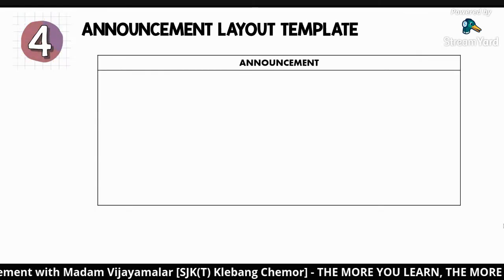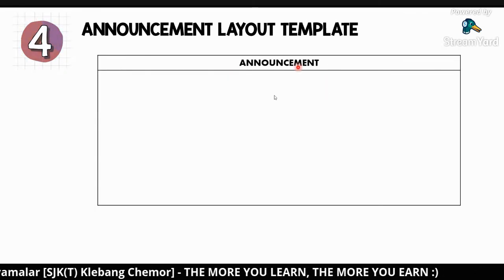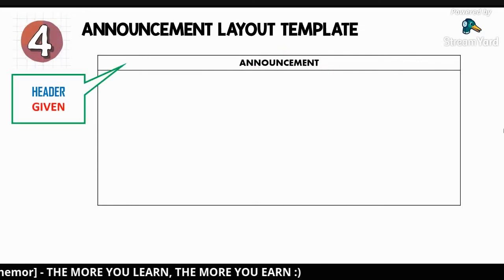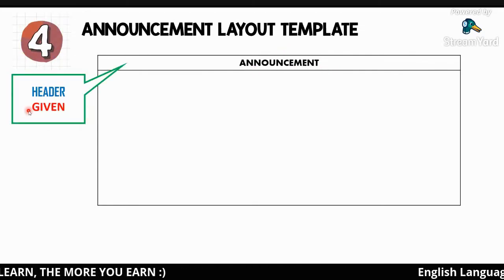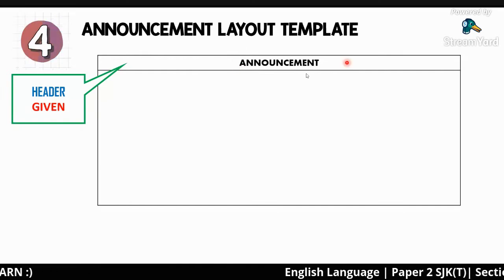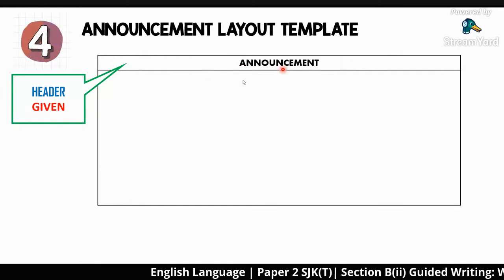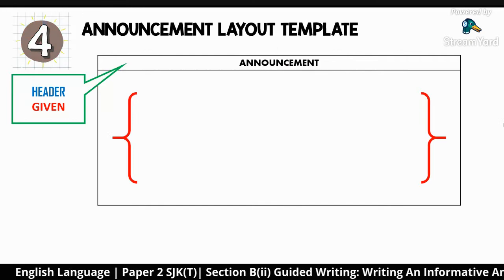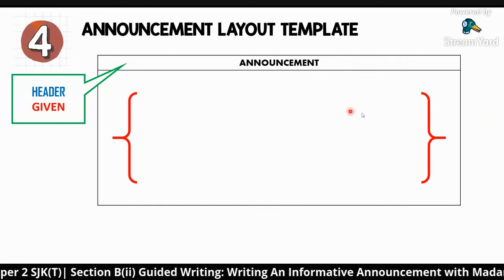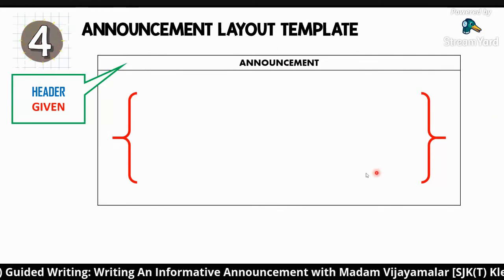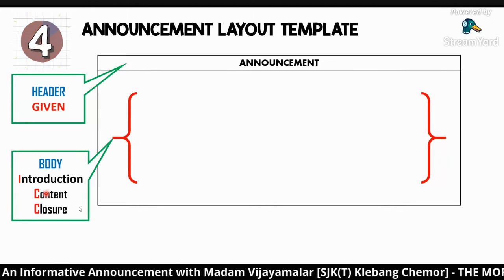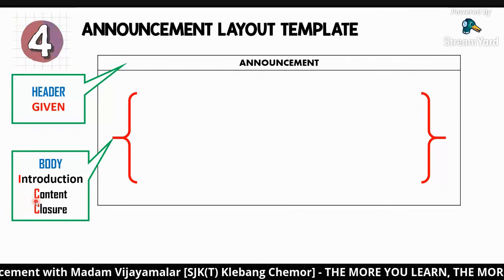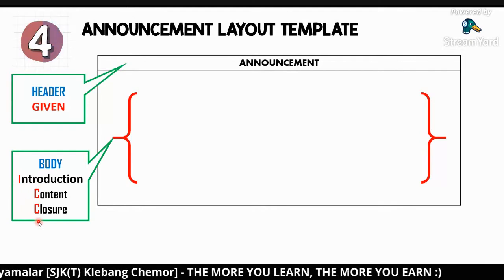The first thing is the word announcement is there. So the header is given. You don't need to write this, it is already given to you. And here in this section, you're going to have your introduction, your content, and your closure.